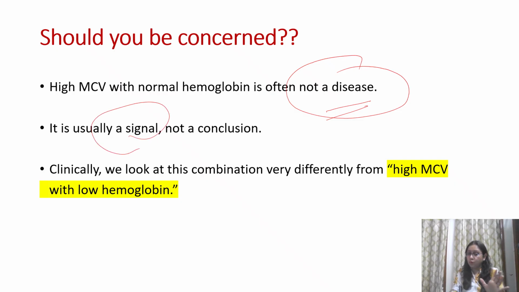You should not be too worried, but you have to be alert. It is not a conclusion. With high MCV and normal hemoglobin levels, we are not saying that you have a certain pathological condition or giving you a diagnosis of a deficiency. We cannot give a diagnosis based on this parameter alone, so we need to go for further tests to confirm the diagnosis.